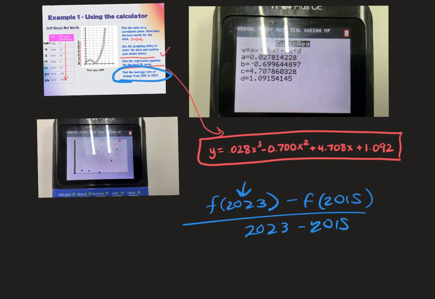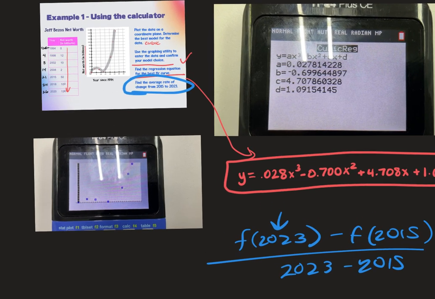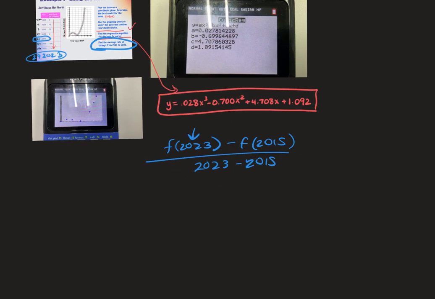But again, not using 2023 and 2015 because 2015 was year 21, right? We're not using the actual year. We're using the years since 94. So then 2023 would be 29. So I'm going to do F of 29 minus F of 21 over 29 minus 21.